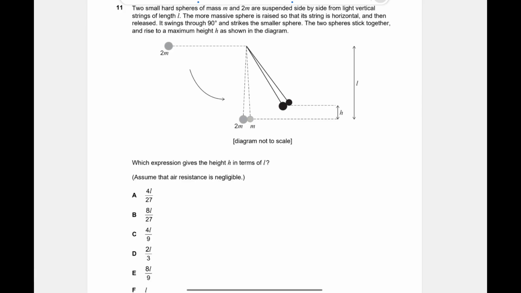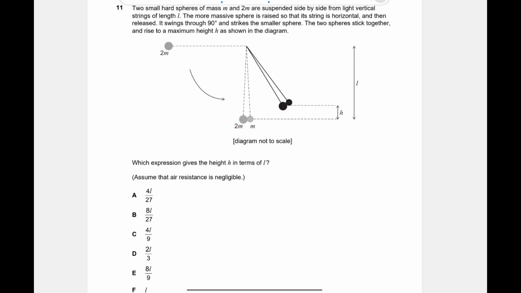So at first, what you might be thinking is you can conserve energy between the start, when this is all the way up here, and here. It swings down, collides, all the way to here. You could say energy is conserved from there to there, but that's not necessarily true because of this collision.